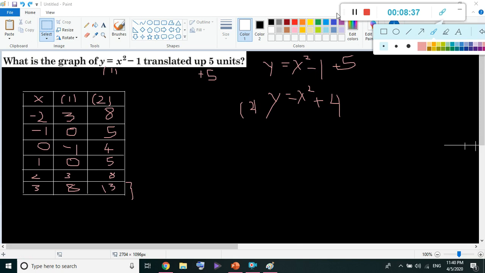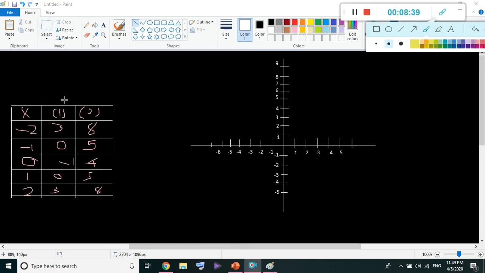So now, let's graph it. Let's remember that this is y equals x squared minus 1, and this is y equals x squared plus 4.